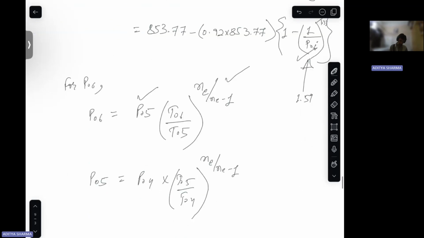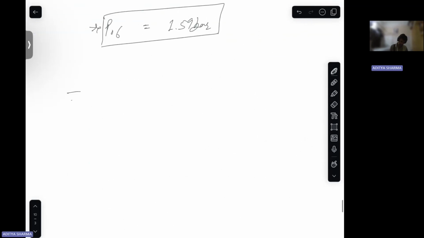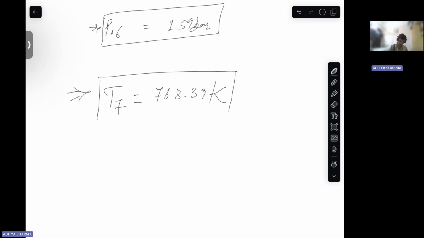Now if you calculate T7 by placing this 1.59, this will come out to be 768.39 Kelvin. So T7 will come out to be this much.